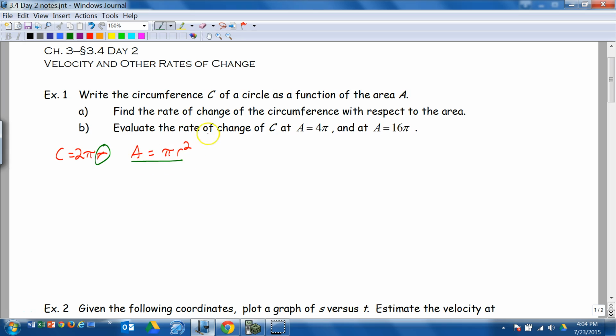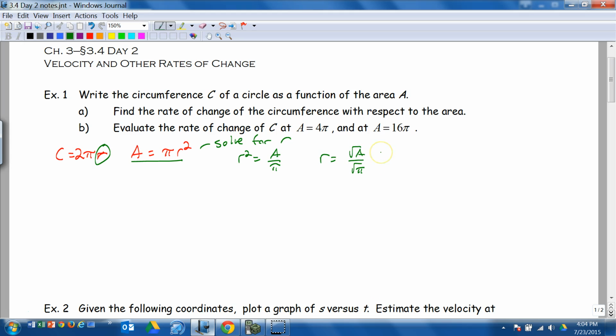So that means for this equation here, we have to solve for r. So when you do that, you get r squared is equal to A over pi. Then we can take the square root and say r is equal to the square root of A over the square root of pi.